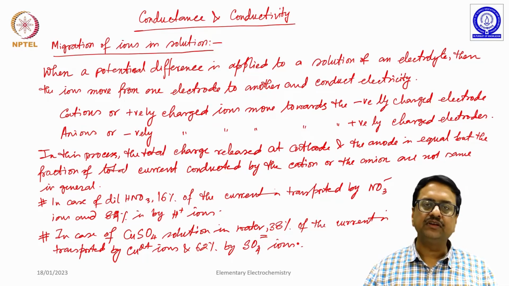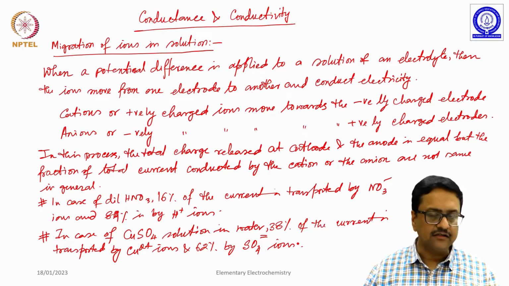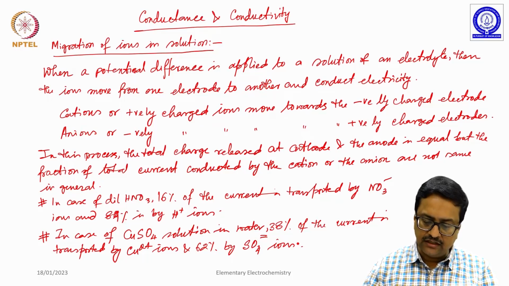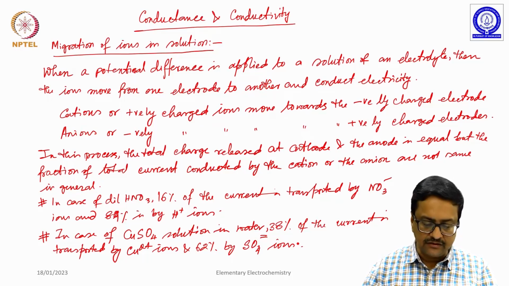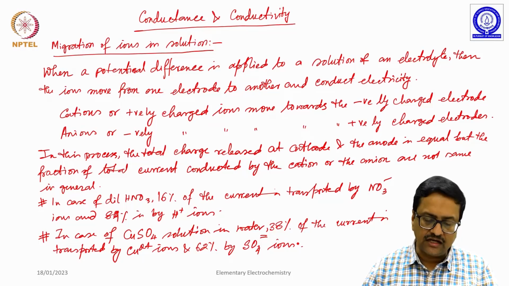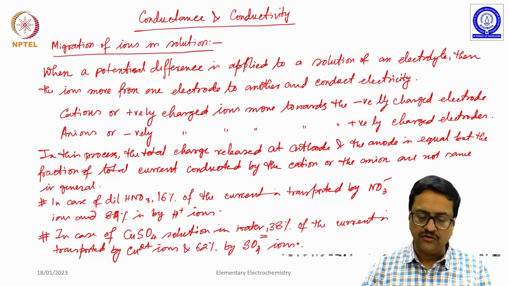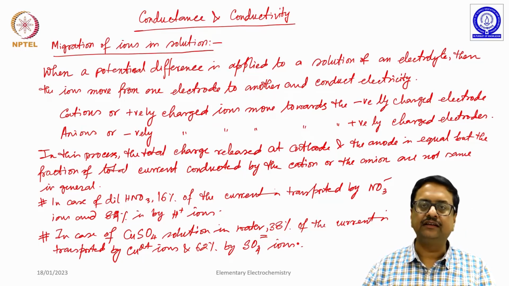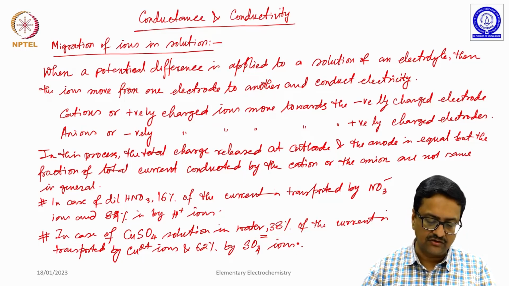So, from these observations, it is clear that the conduction of current is completely dependent on the nature and the charge of the ions formed by the electrolytic dissociation of the ionic compounds.